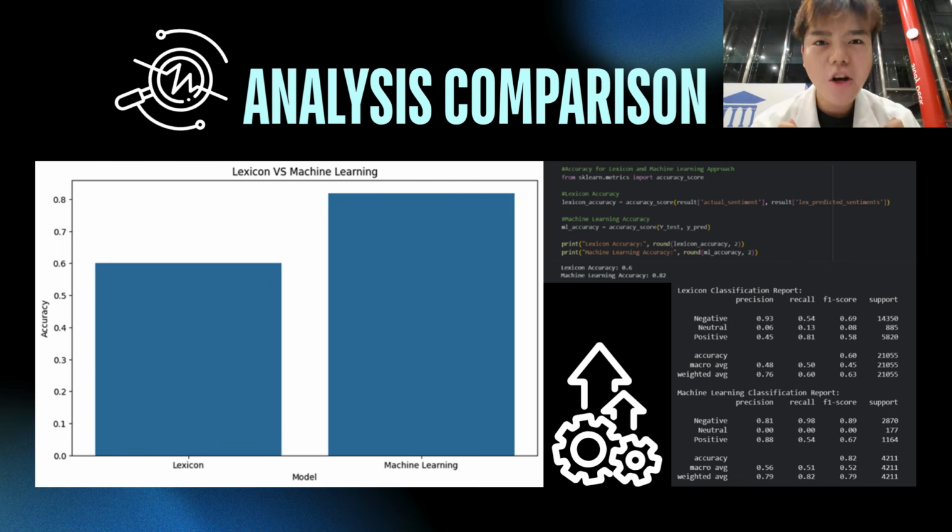And now let's talk about the analysis comparison of these two sentiment analysis methods. Overall, we understand that naive Bayes outperformed TextBlob by approximately 22 percentage points. This suggests that learning patterns directly from the data was more effective than relying on general polarity rules. Nevertheless, accuracy alone does not show the complete performance of a model.